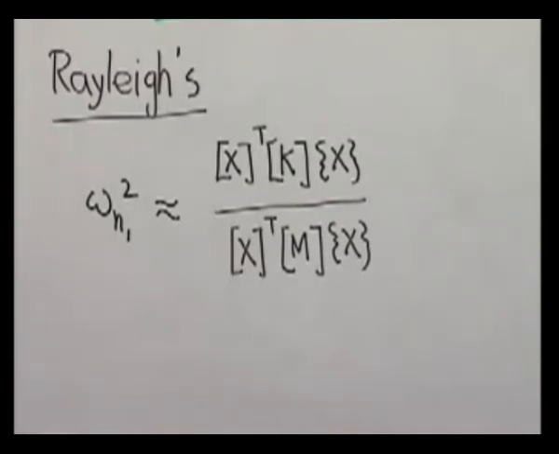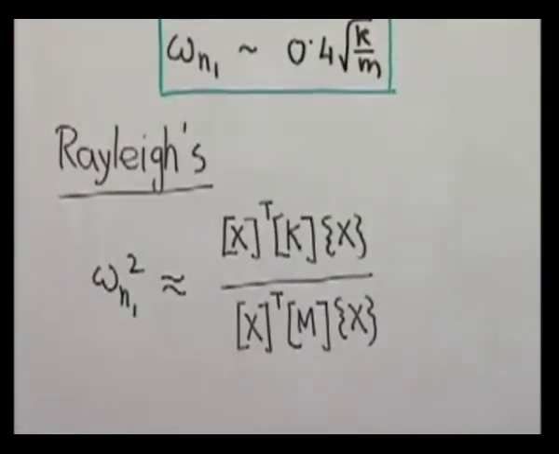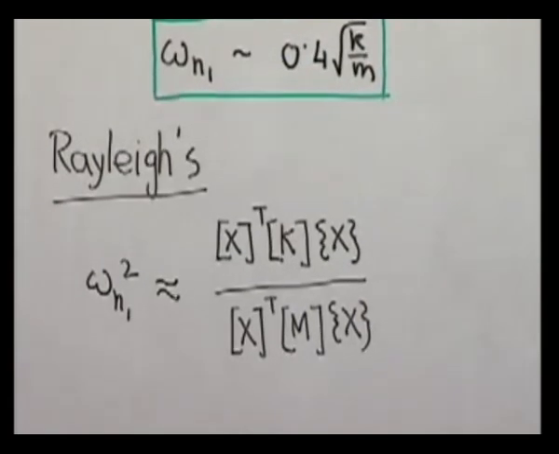Now, as you can see, we will need the K matrix and the M matrix. M matrix is quite straightforward. So let us solve the example.